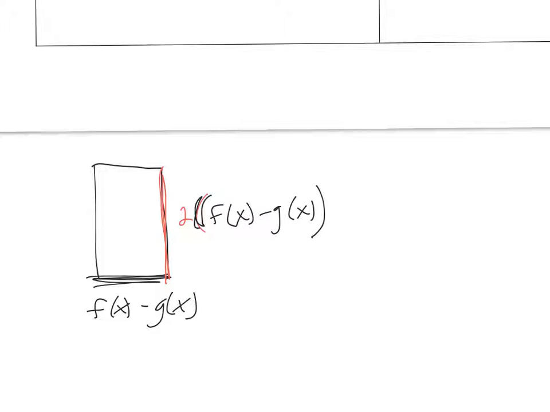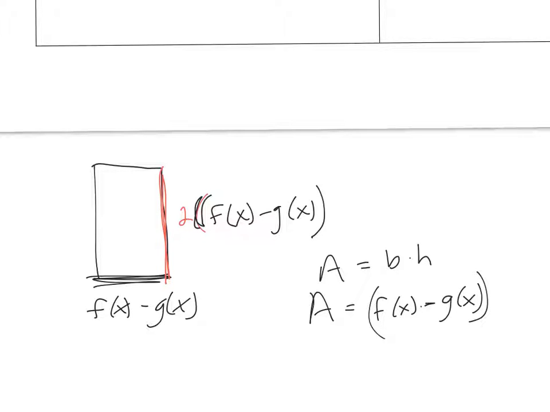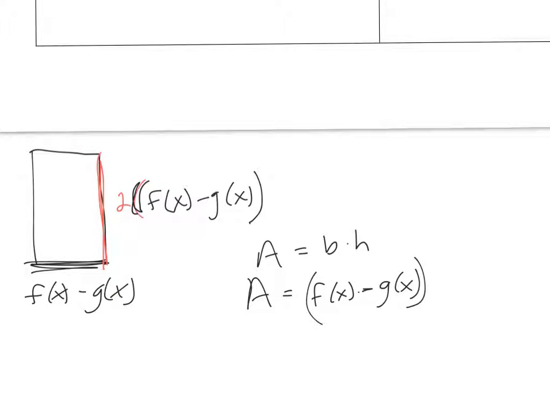When we talk about the area of that rectangle, area of a rectangle is base times height. So the area is going to be f of x minus g of x, times 2 times, and if you followed what we were doing in class, you should see there's that repeated f of x minus g of x.